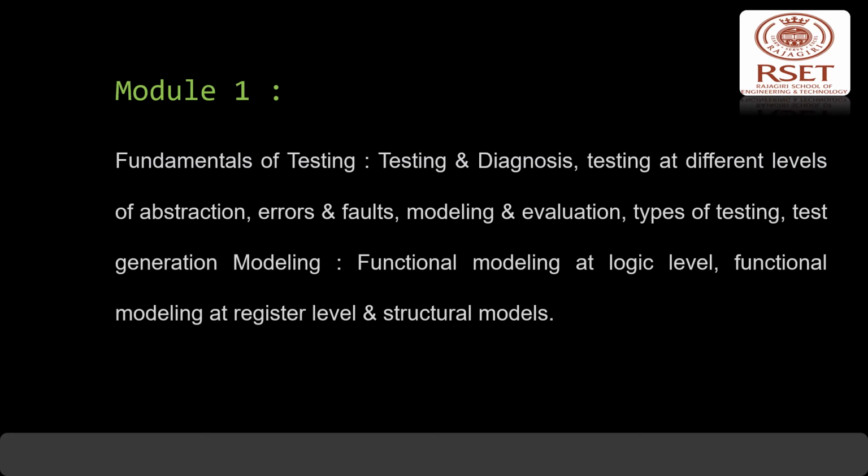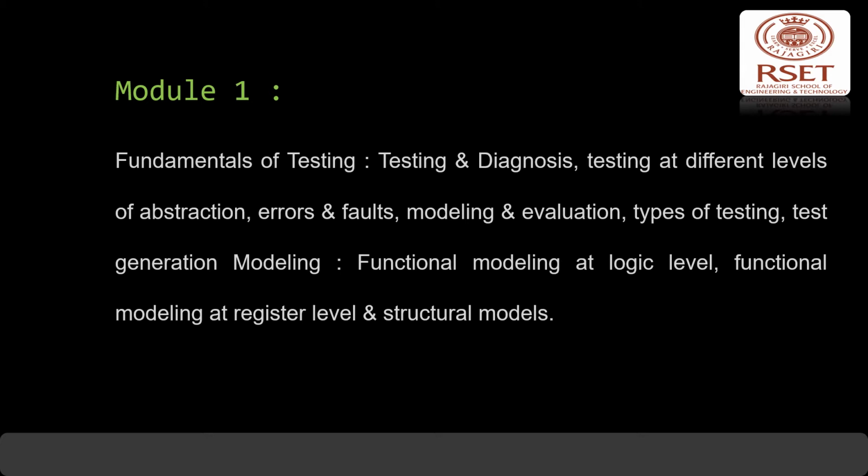Module 1 of this subject consists of two parts. The first part discusses the fundamentals of testing, and the second part is about modeling. The fundamentals of testing include testing and diagnosis, testing at different levels of abstraction, errors and faults, modeling and evaluation, types of testing, and test generation.